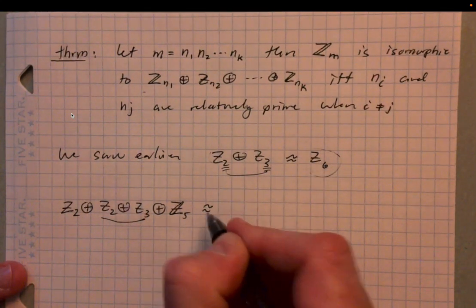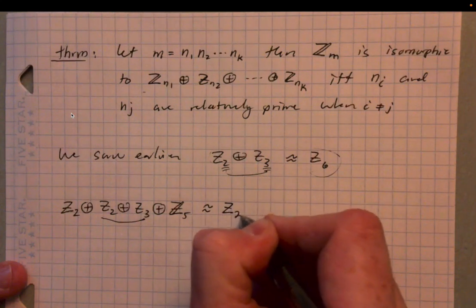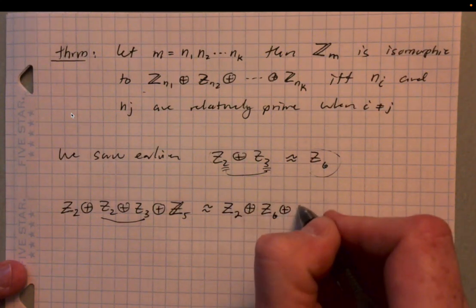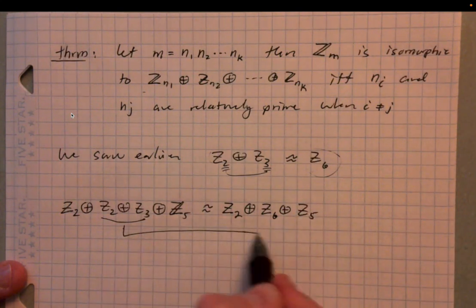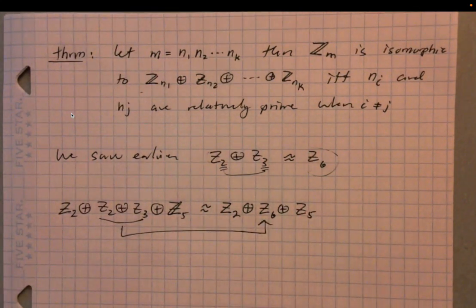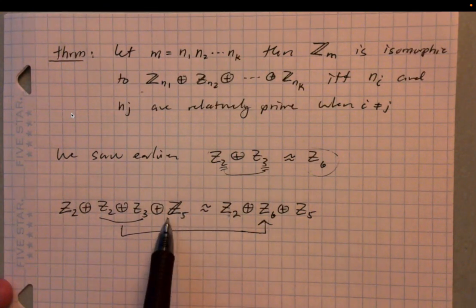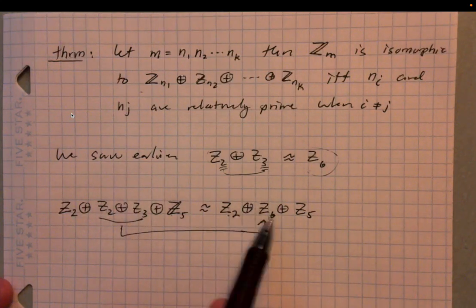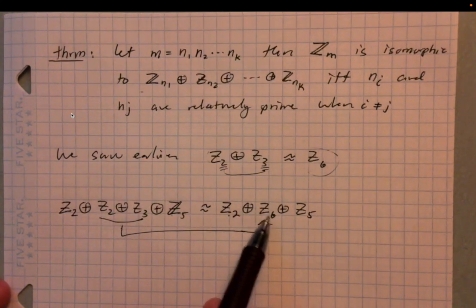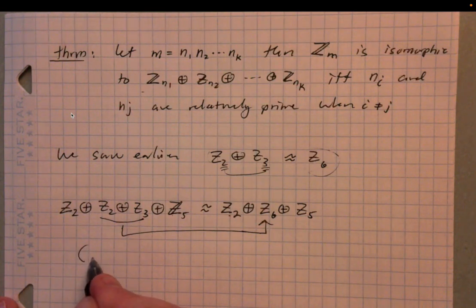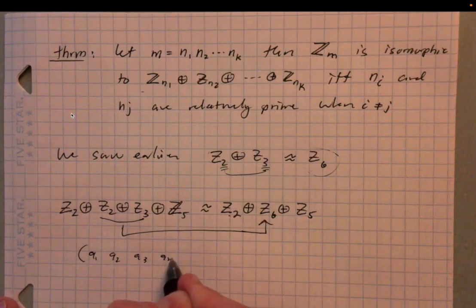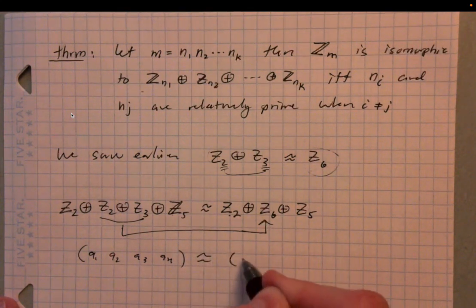So this whole group would be isomorphic to Z2 plus Z6 plus Z5, right? Obviously, this Z2 and Z2 are isomorphic to the same. Z5 and Z5 are isomorphic, and this middle section would be isomorphic to this component. So remember, this is a 4-tuple A1, A2, A3, A4, and it's going to be isomorphic to a 3-tuple.